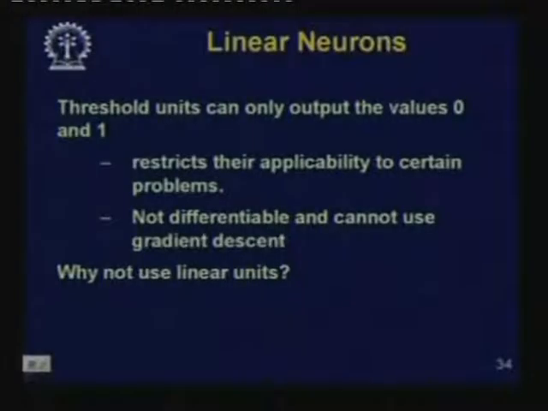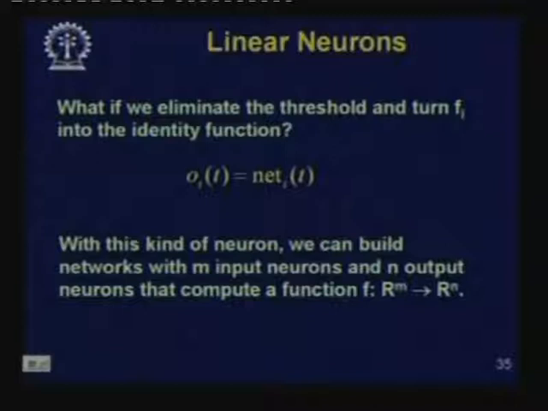This function, the step function, is not differentiable, and we did the differentiation, the derivative finding, in order to find the slope. So, instead of dealing with threshold units, we can look at linear units. But a single linear unit can only give us linear decision surfaces, not more complex decision surfaces.